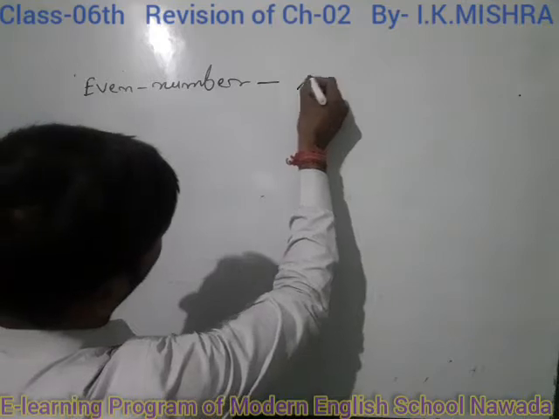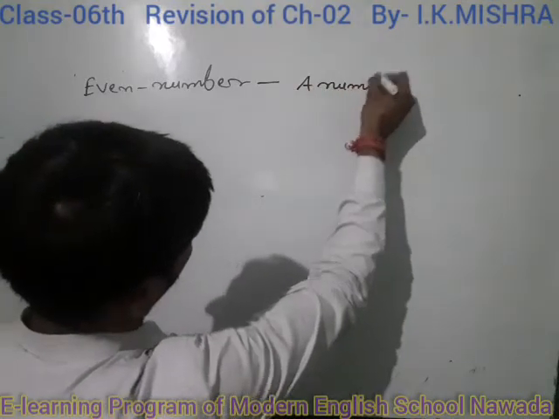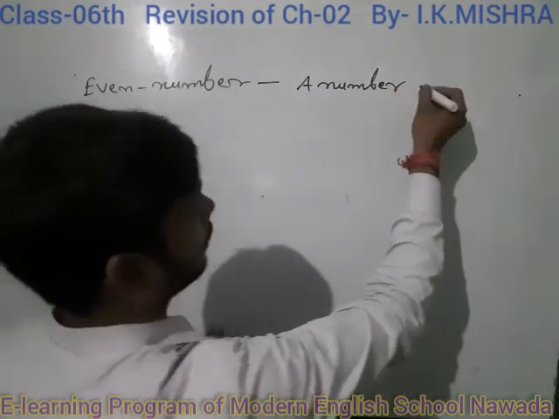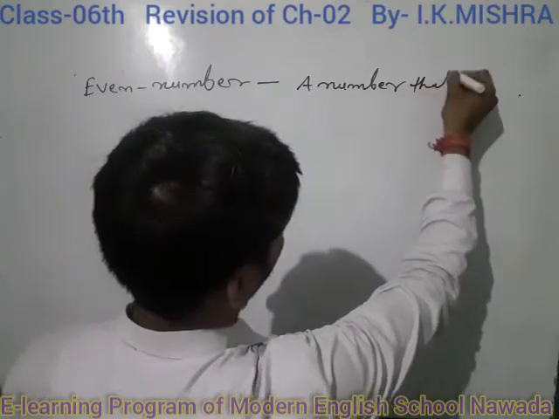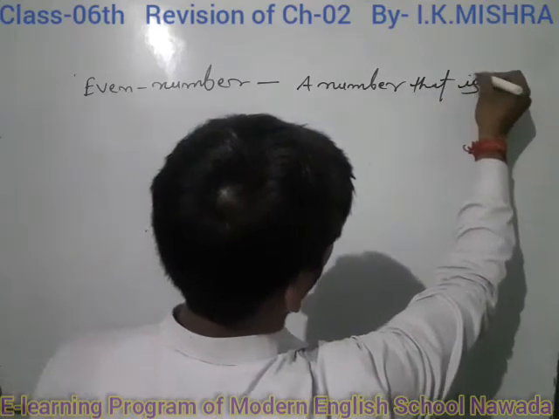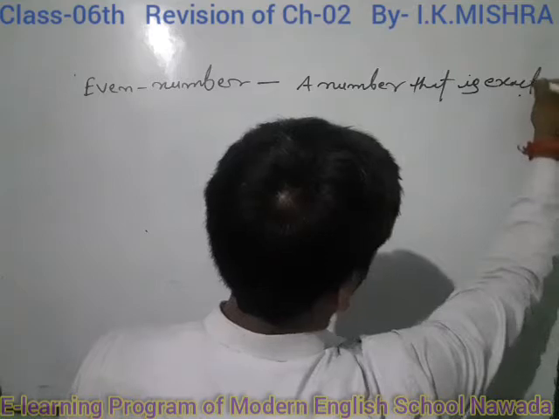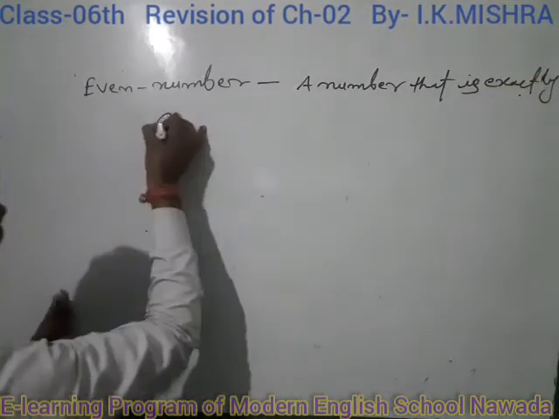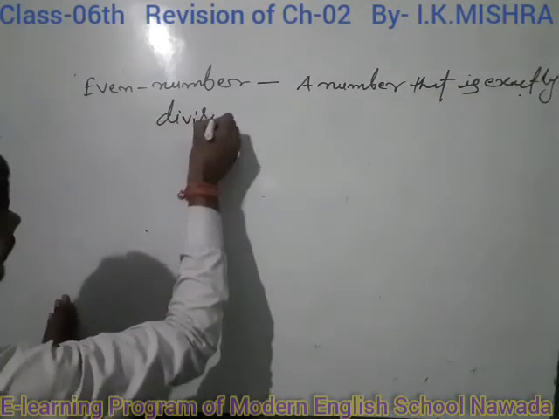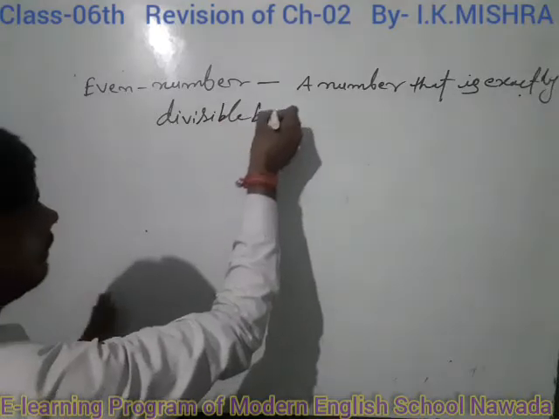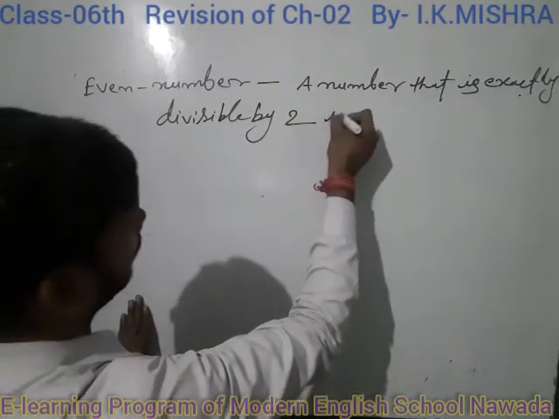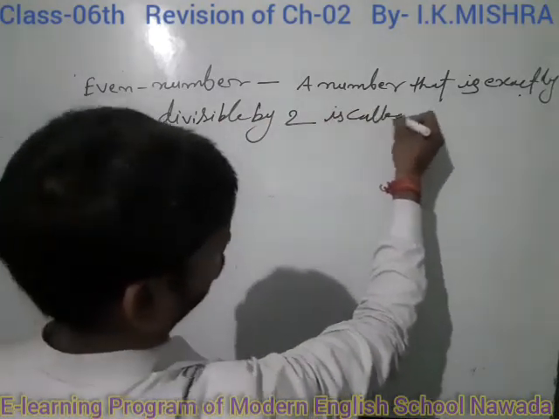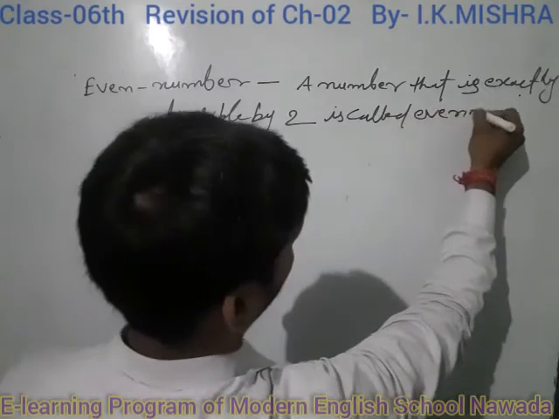A number that is exactly divisible by 2 is called an even number.